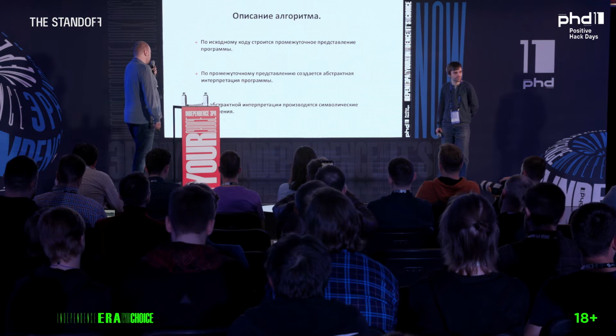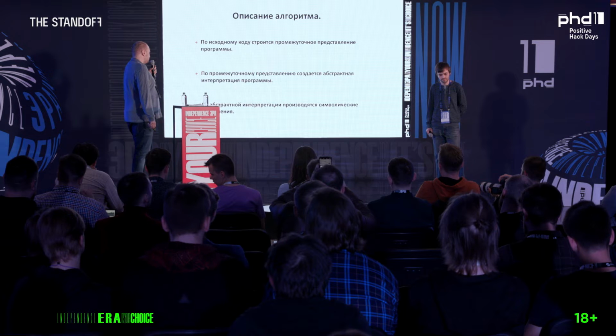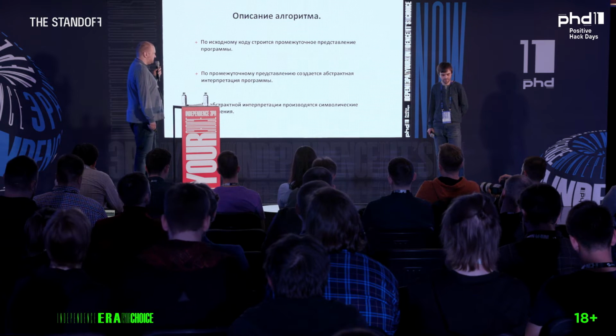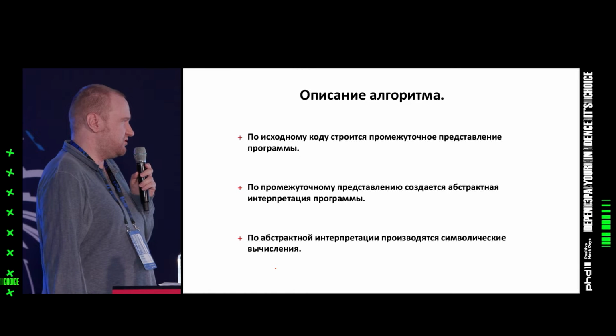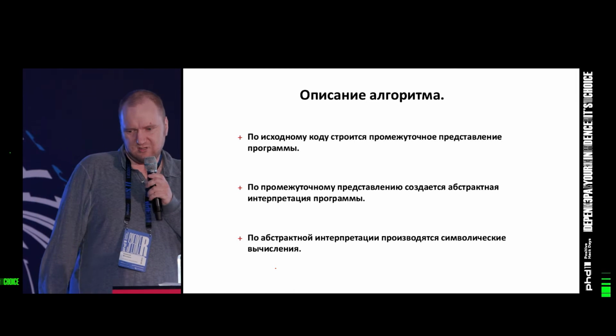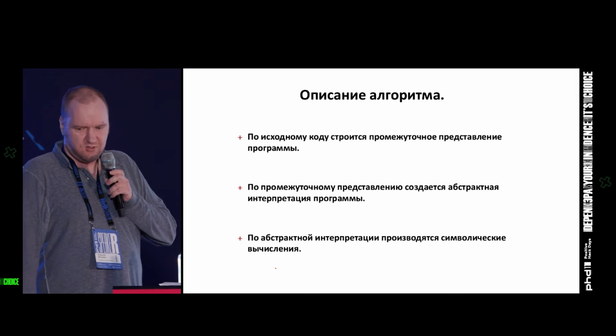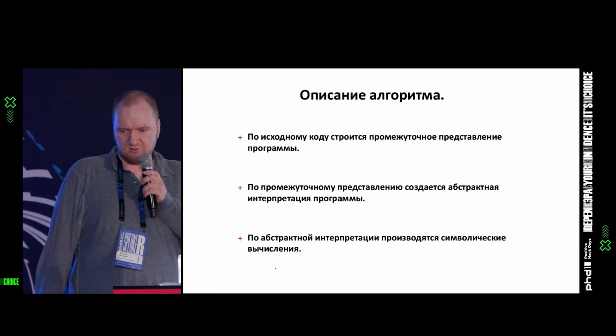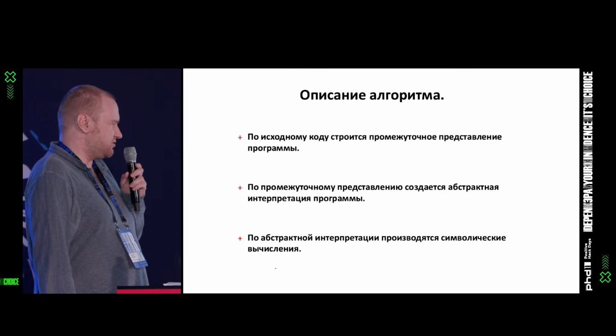You need to have an intermediate representation for subsequent analysis, and then you should use that to come up with a logical formula, like an abstract program interpretation, and then we should send it to a symbolic solver to understand what we've got.